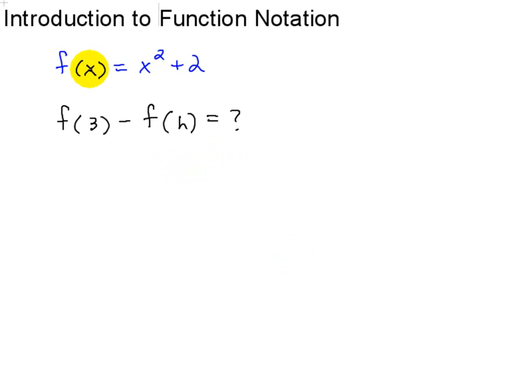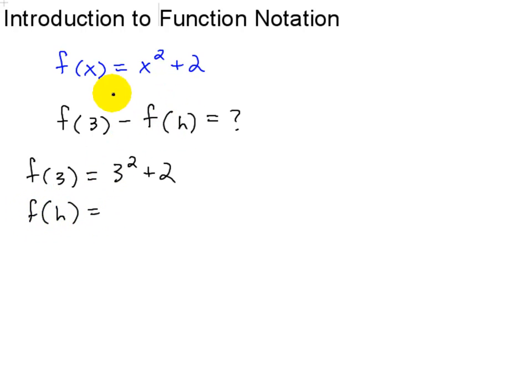Now let's look at how to use this same function definition for two different inputs, such as f of 3 minus f of h. For f of 3, I take 3 and input it to my function, so I get 3 squared plus 2 for f of 3. Okay? And let's work on f of h.